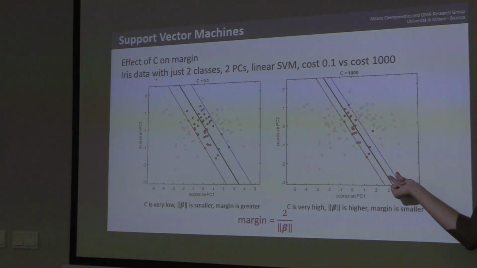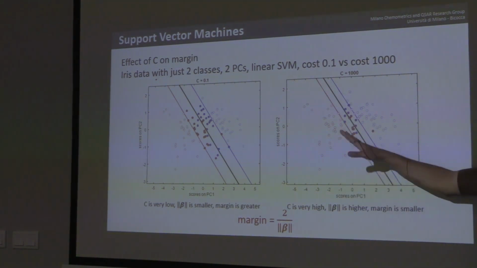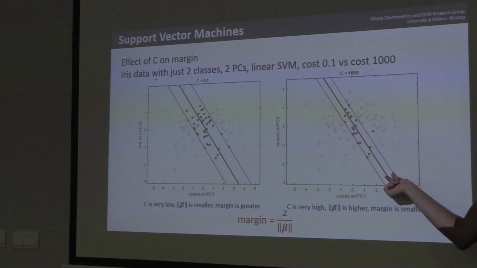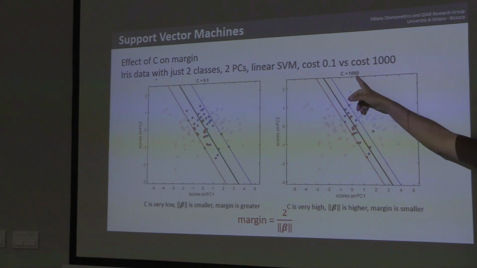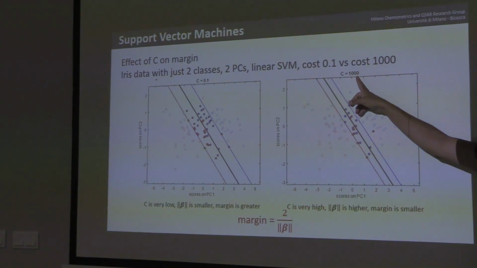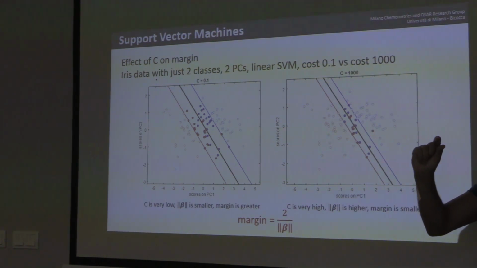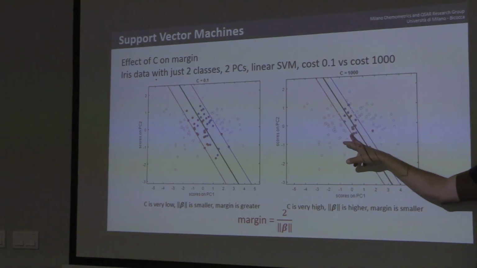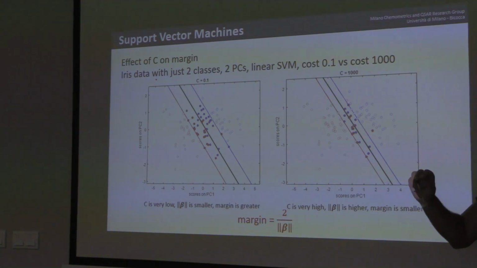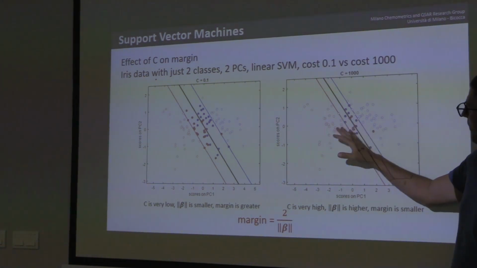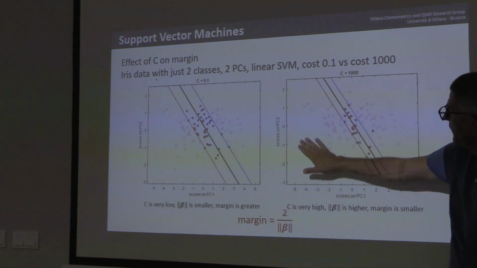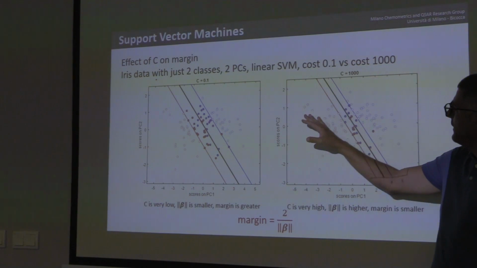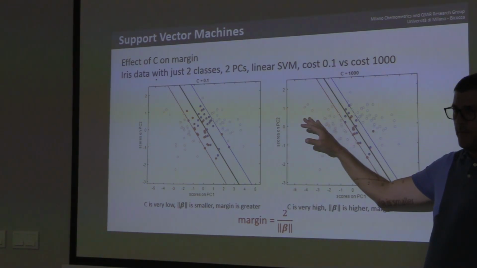Can you see how here the margin is smaller? I mean, here the separation is nice, but can you see here the margin is smaller because the cost is higher? This is the effect. So you have a lower margin. All these points are the support vectors. Can you see? All the blue samples on the margin or behind the margin are the support vectors.